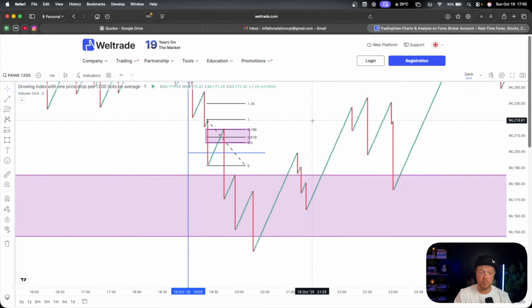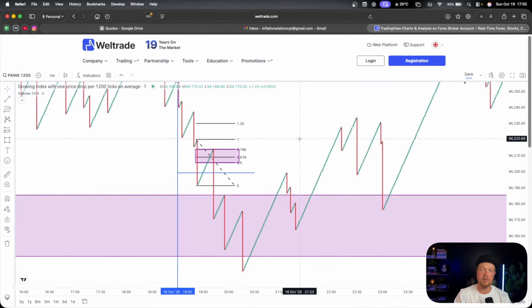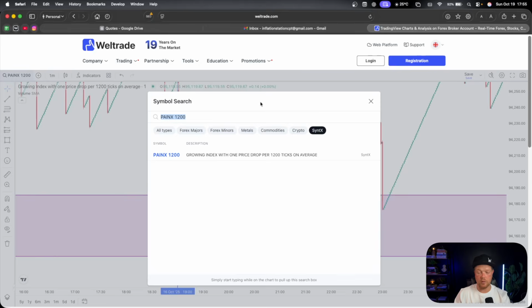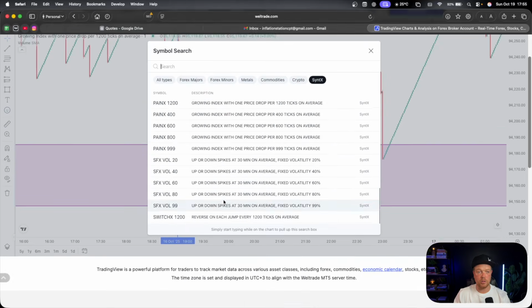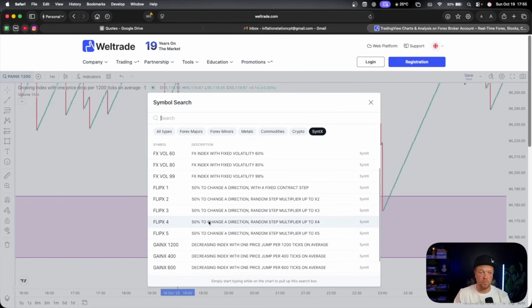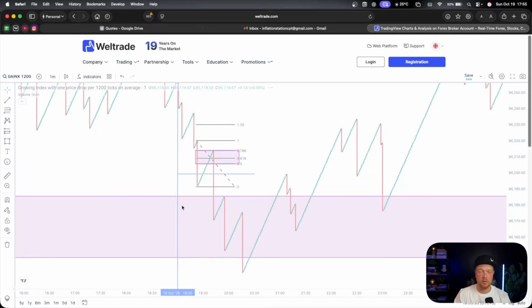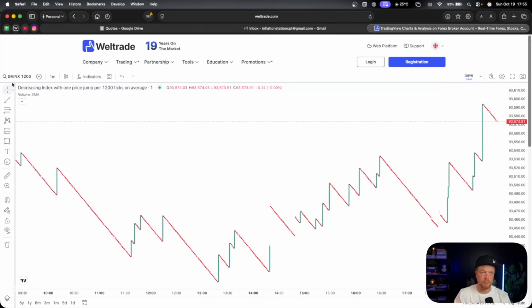So your higher probability trades are the ones that are bearish on the 4 hour on pain pairs. And it's going to be bullish on the gain pairs. So let's actually go to one gain pair just to show you everything works exactly the same. So let's go gain. Let's go 4 hour.